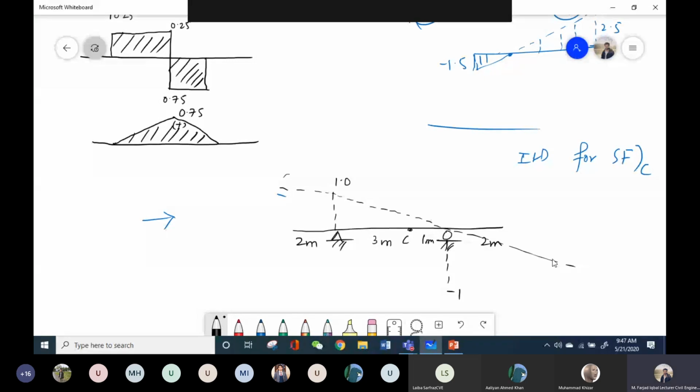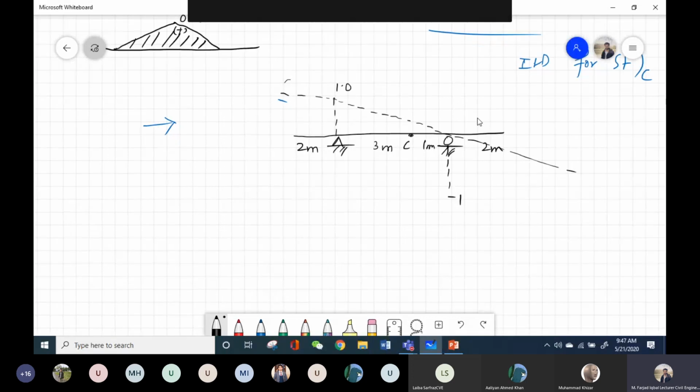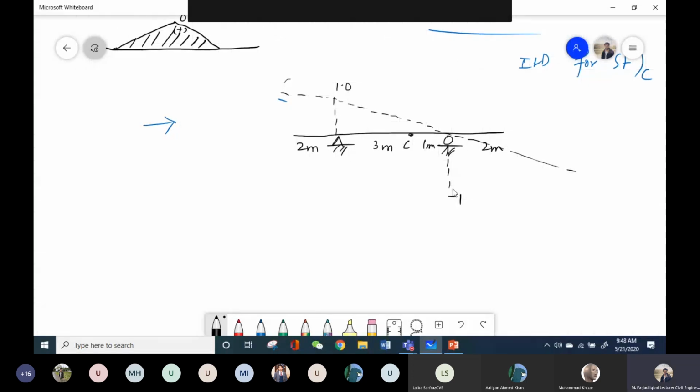So one line is this one, and the other line is, for example, a parallel line to the above one passing through the support. I will get something like this one.